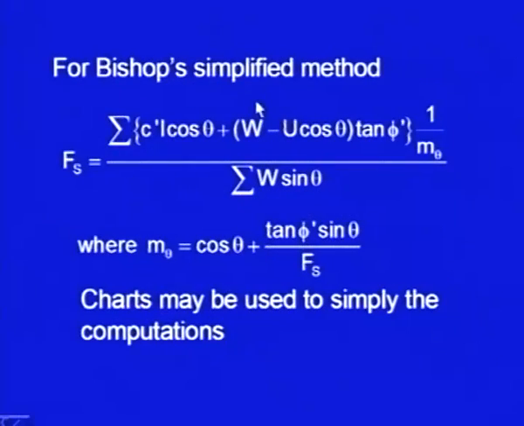For Bishop's simplified method, we ignore T 1 minus T 2, and the factor of safety is obtained as summation of c dash L cos theta plus W minus U cos theta tan of phi dash, 1 upon m theta, divided by summation of W sin theta, where m theta is equal to cos theta plus tan phi dash sin theta upon F s.